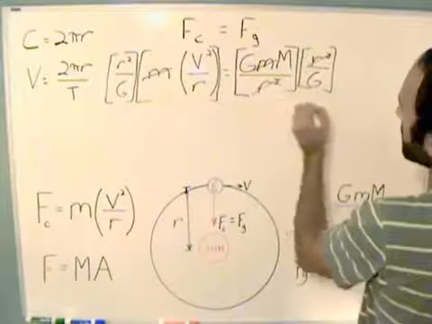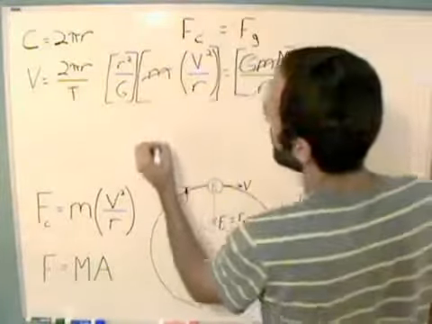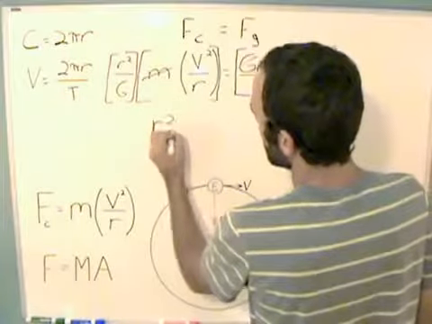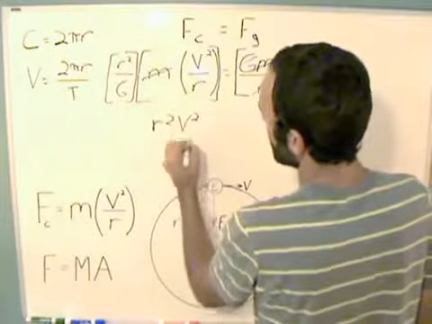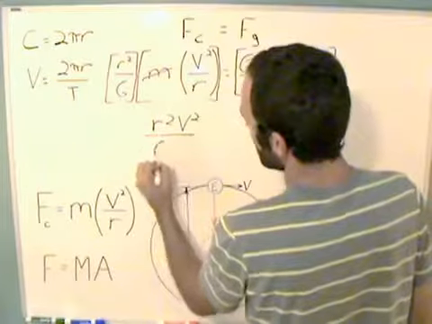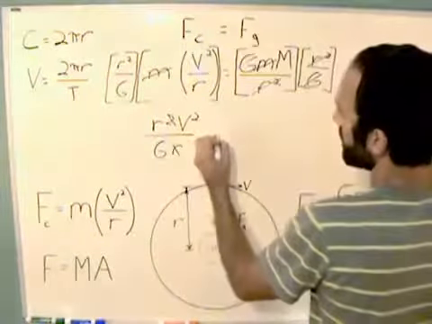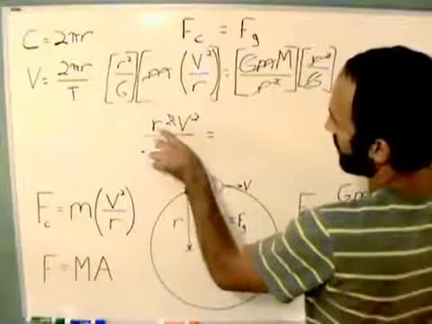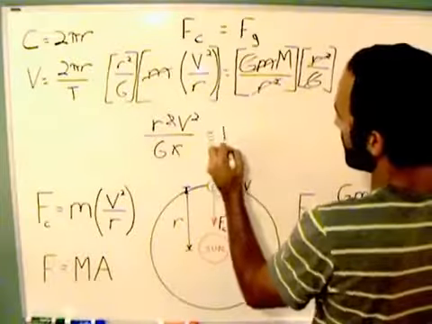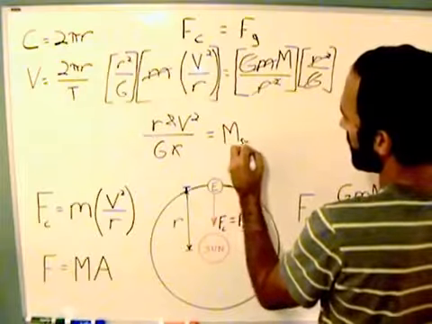R squared cancels, G cancels. Over here you've got r squared times v squared over G times r, and then this r cancels. So you really just have r times v squared over G is equal to the mass of the Sun.